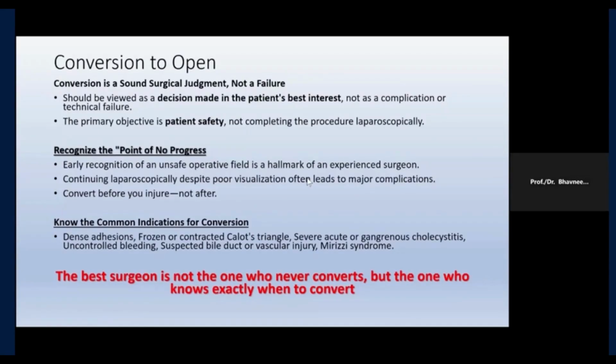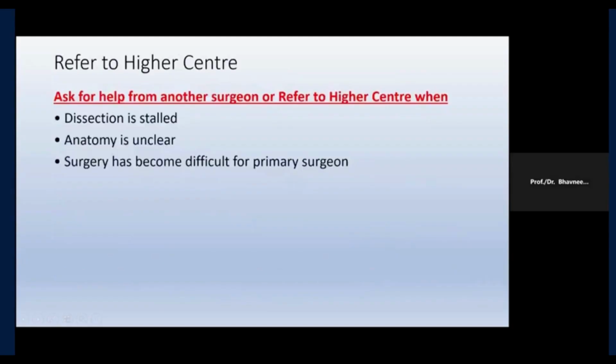So the surgeon must be wise enough to recognize the point of no progress. You are trying to operate, but you're not achieving a critical view of safety. So know your limitations, because the best surgeon is not the one who never converts, but the one who knows exactly when to convert. So this is again a very reliable bailout option if you are coming across a very difficult dissection.